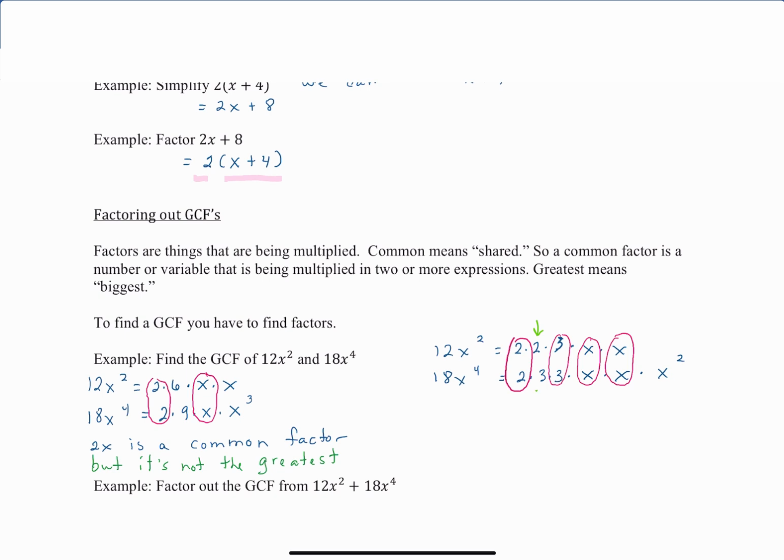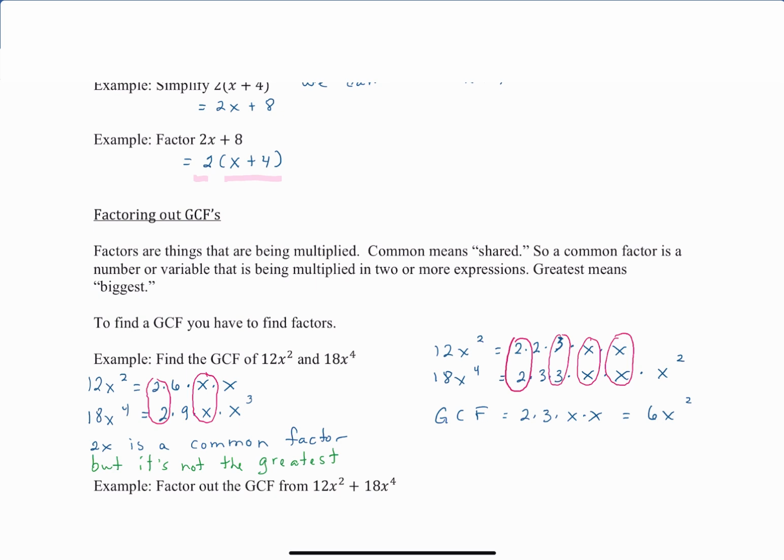There's a 3 in the line below, but there's not an extra 3 in the line above, so that's not shared. And this x squared is not shared because there just aren't that many x's in the top line. So our greatest common factor, or GCF, is 2 times 3 times x times x, which we would write as 6x squared.